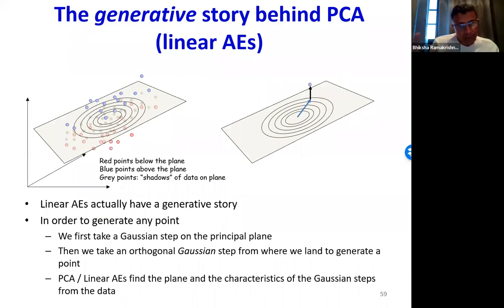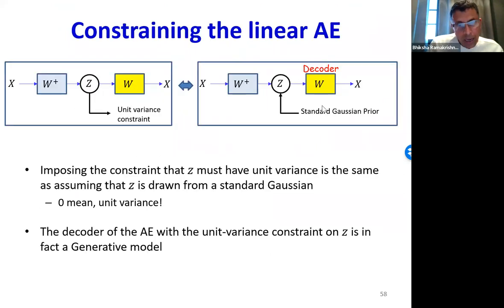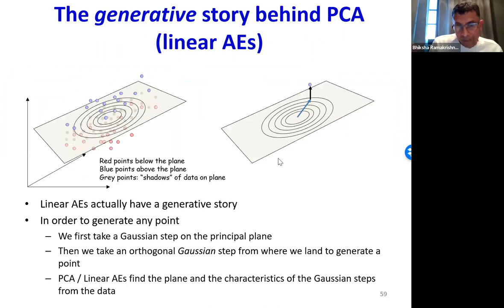Here's what you've got. Turns out that linear autoencoders with a unit variance constraint on Z have a generative story. It says that the data are being generated by a two-step process. We first take a Gaussian step on the principal subspace.